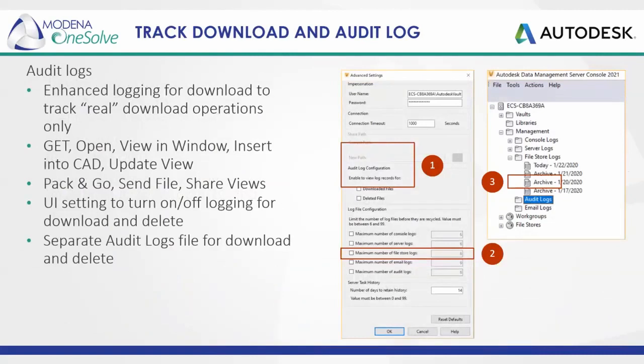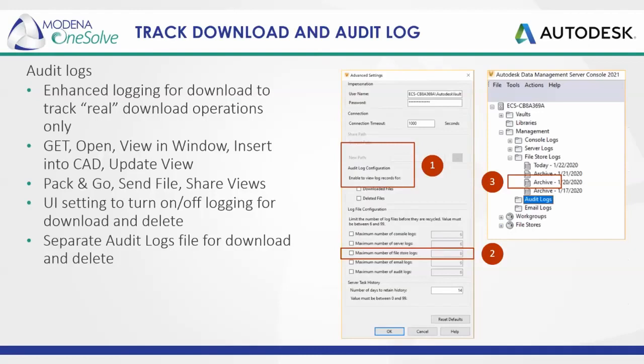Moving on to audit logs. Audit logs have been enhanced to track real downloads only. For example, if we use get, open, if we're viewing data, if we are inserting into the CAD, utilizing something like pack and go, sending files, and shared views, those would be recorded in this audit log.